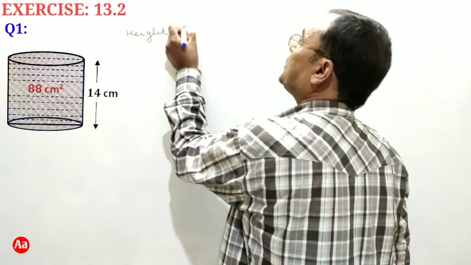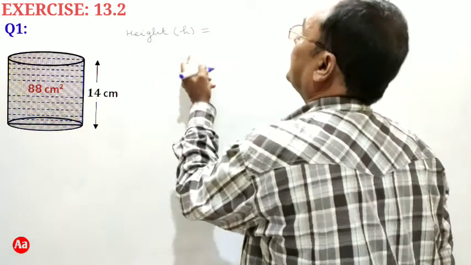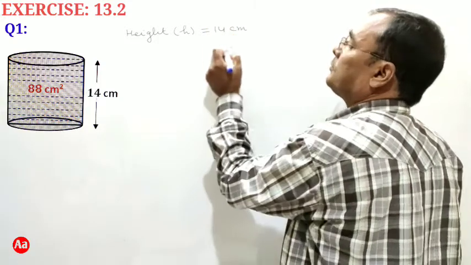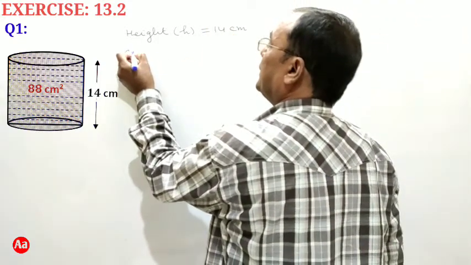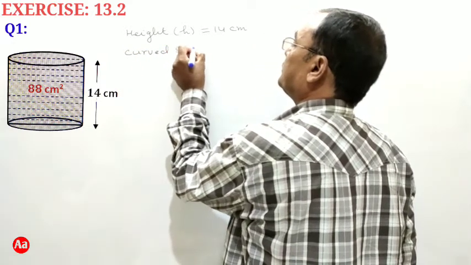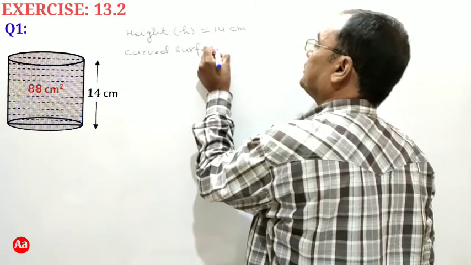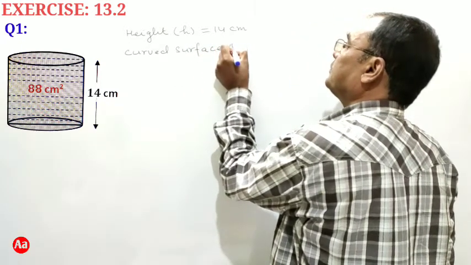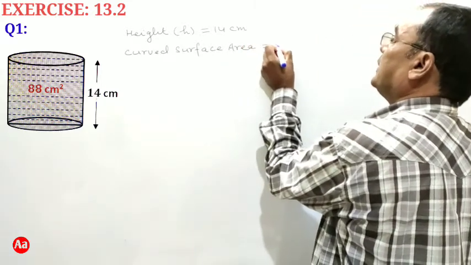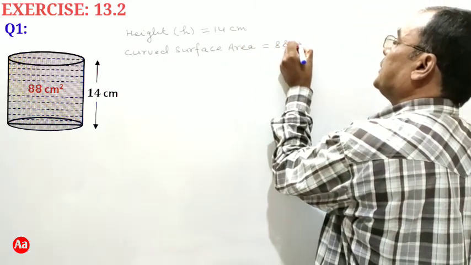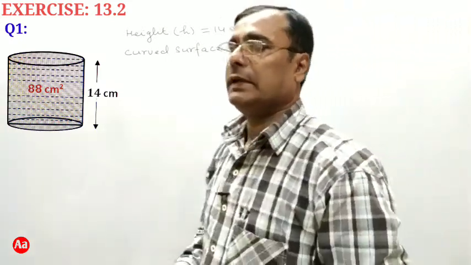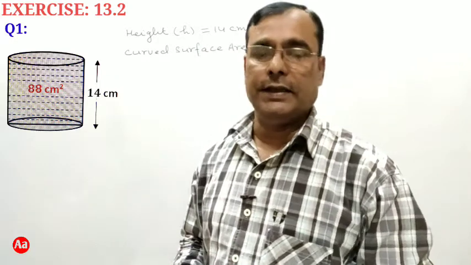Height h of right circular cylinder is given 14 centimeter, and curved surface area is given 88 centimeter square. We have to find diameter of base of the cylinder.